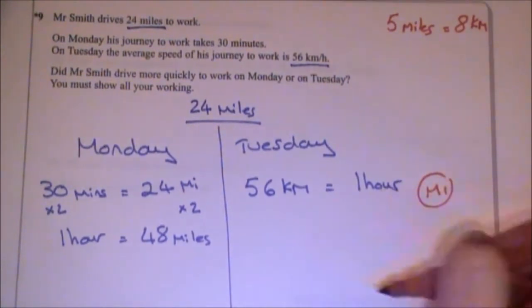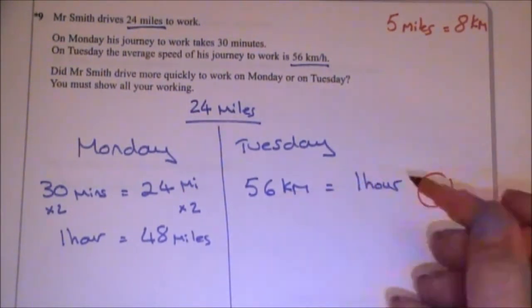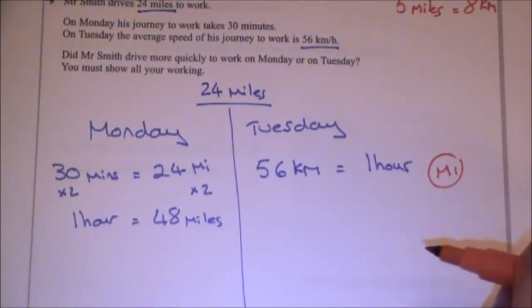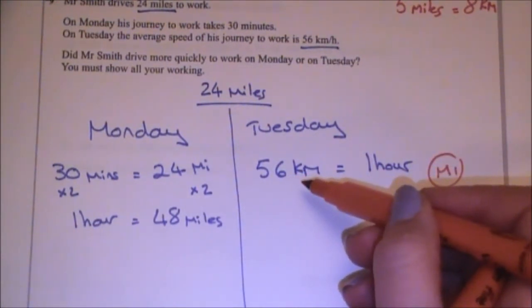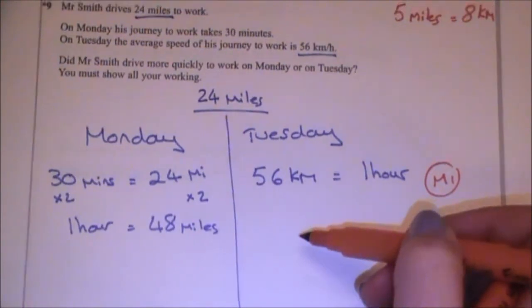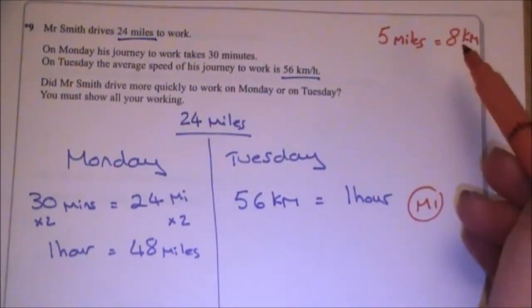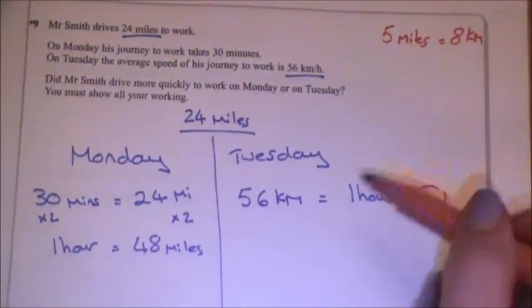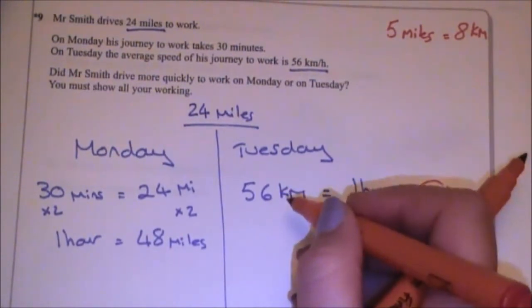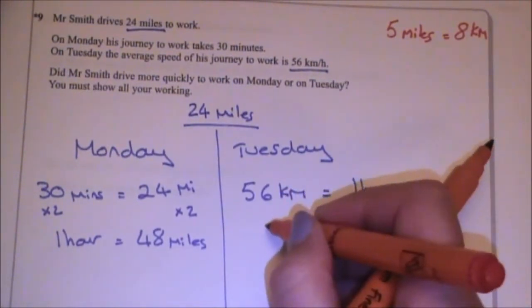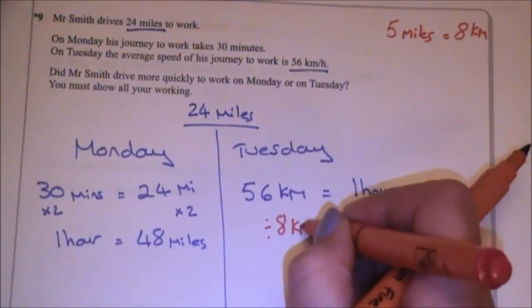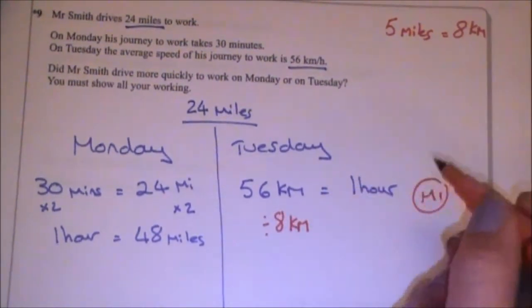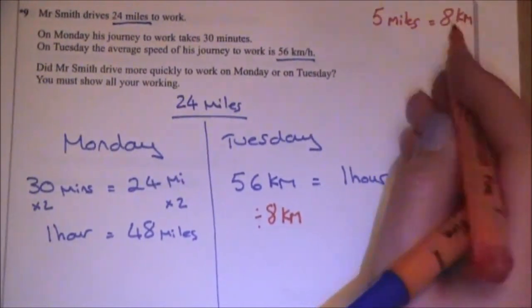So you can then choose which one you wish to convert. I'm going to go ahead and convert from kilometers per hour into miles per hour. And because there are 8 kilometers in 5 miles, what I'm going to do is take that 56 kilometers, I'm going to divide it by 8, because that's what the kilometers measure is.